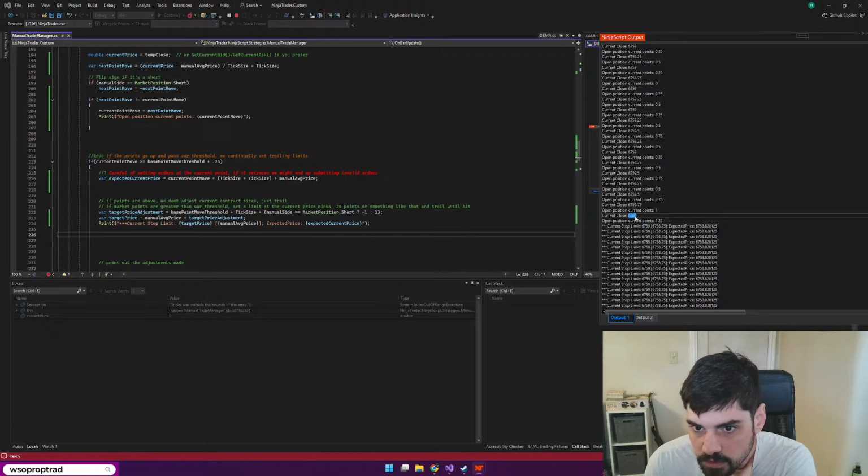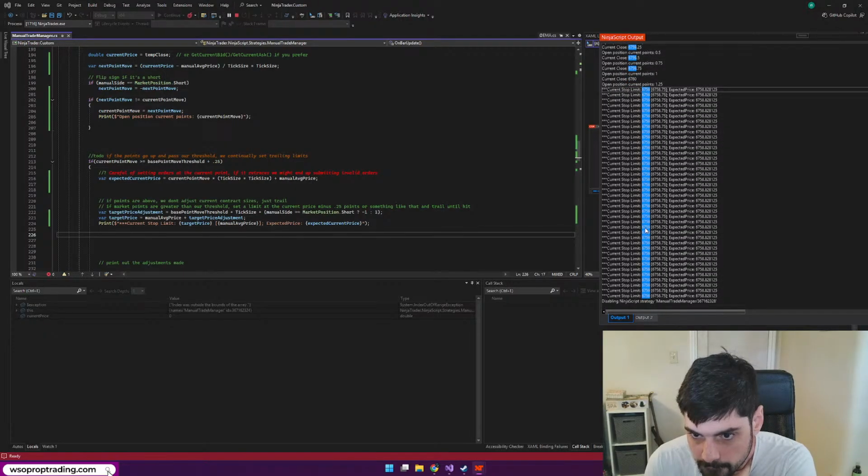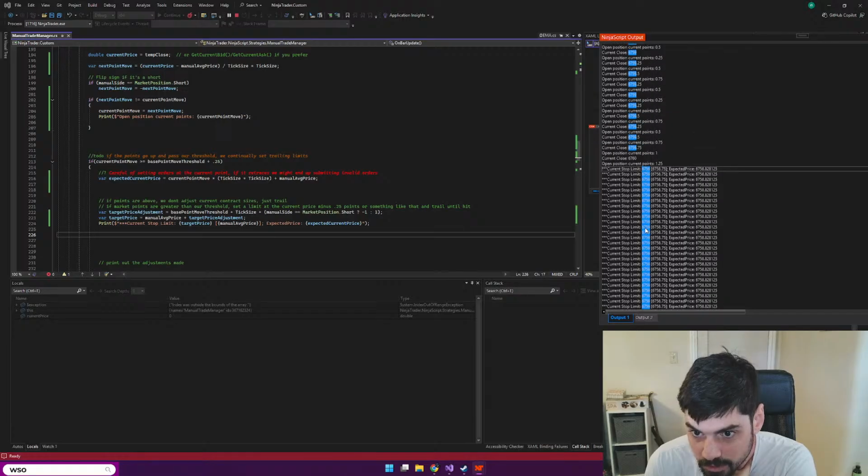See, okay, so the current close is there, and then it would set the stop limit there, $1 less. So the price went up, right? So it followed it. So that was right, getting it to set that price right there. So we're getting close.